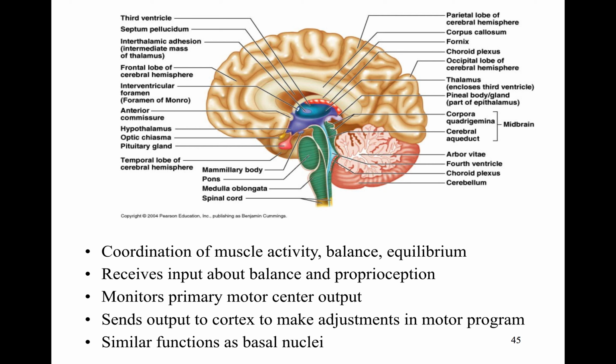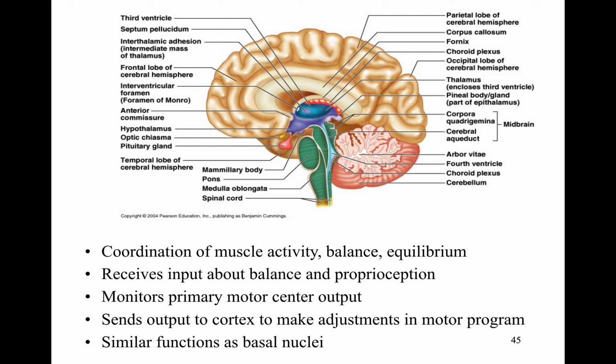It functions very similarly to the basal nuclei, where it receives that motor plan from the premotor cortex. It edits that plan, helps filter out any unnecessary movements, helps coordinate skeletal muscle movements, and sends that edited plan back to our primary motor cortex so that the primary motor cortex can then send that plan out to those motor neurons.